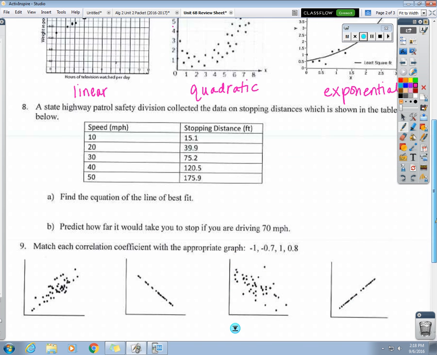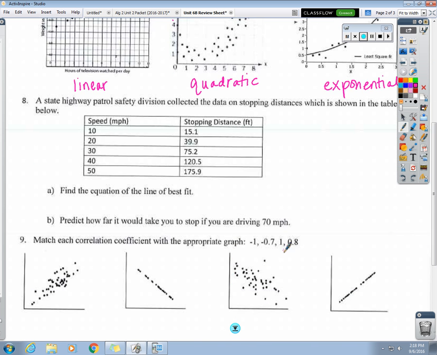Alright, number 8. A State Highway Patrol Safety Division collected the data on stopping distances, which is shown in the table below. So they give you a table, and they want you to find the equation of the line of best fit. So what do you think we have to do first? Okay, but how do we do that with just a table? Put it in the calculator.